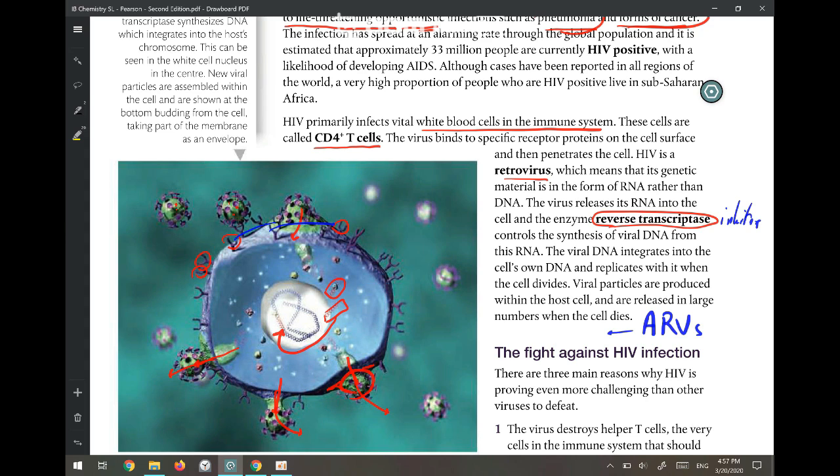They don't let the virus make DNA from its RNA, so it blocks this system. The third type of ARVs prevents the DNA of the virus from incorporating into the DNA of the host cell. And the last type of antiretroviral medicine prevents the virus from escaping the cell in the last stage. So the virus has been made inside that cell, but it cannot go out from the cell and damage other T cells.